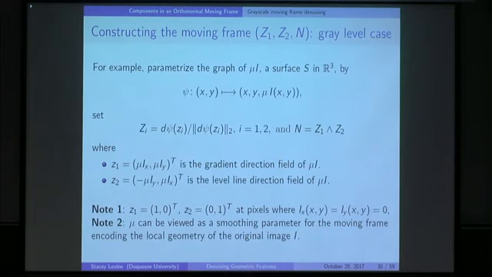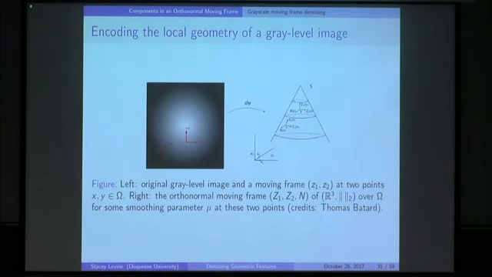If there are locations where the image is flat, we just take Z1 and Z2 to be the standard unit vectors. And again, mu can be viewed as a smoothing parameter, and it is important. It makes a difference in the actual solution.